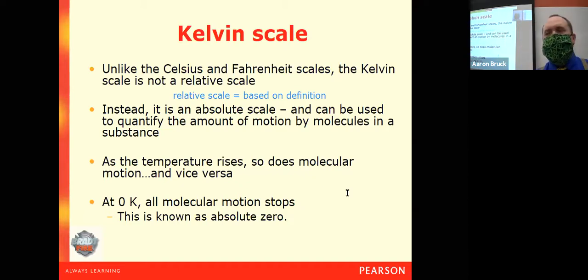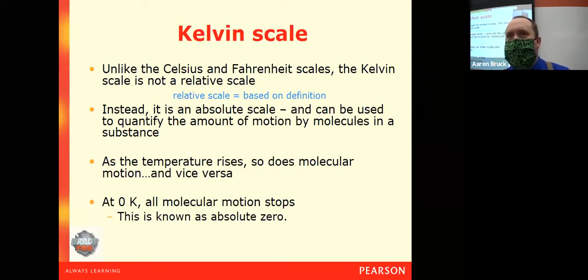So the Kelvin scale is the scale that is in the SI system as being the base unit. And for that very important reason. Now, offhand here, does anyone know what the definitions are for the Fahrenheit and Celsius scales? It has to do with water.